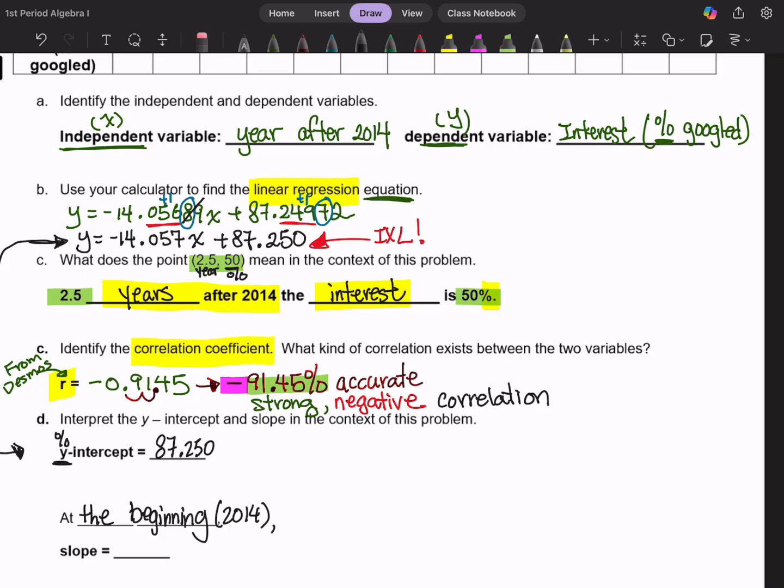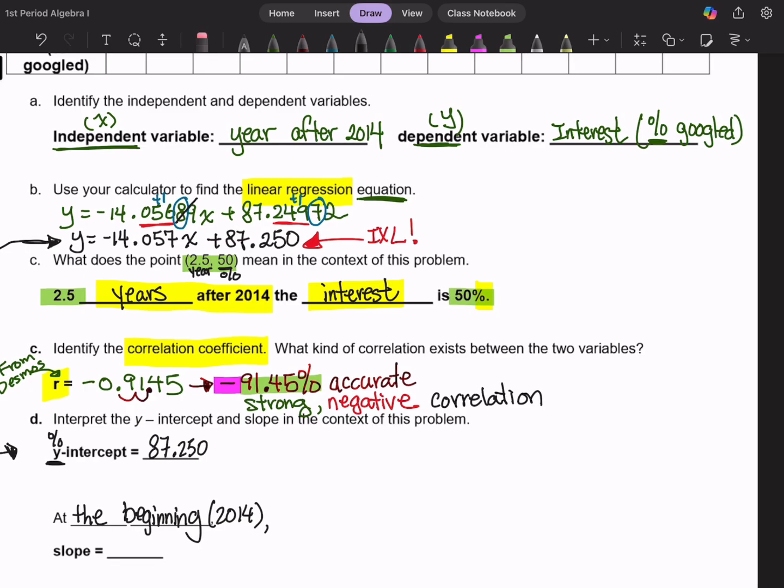You got 87.25%, right? Because that's your unit. What about 87.25% interest? You're talking about interest in the word selfie, right? That's what it means. That's how I interpret the y-intercept.